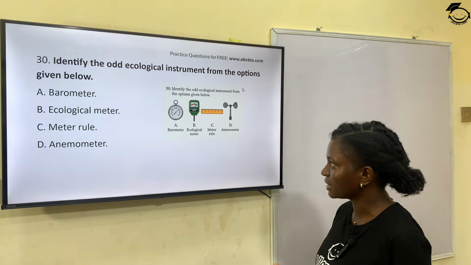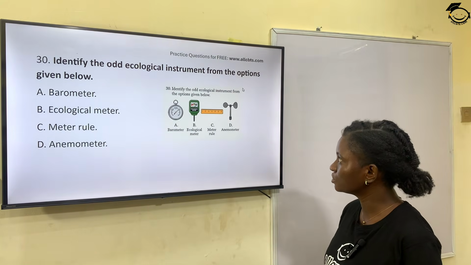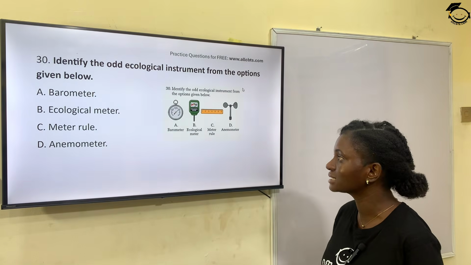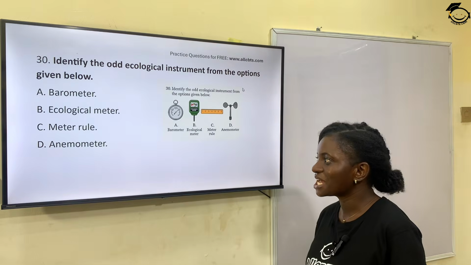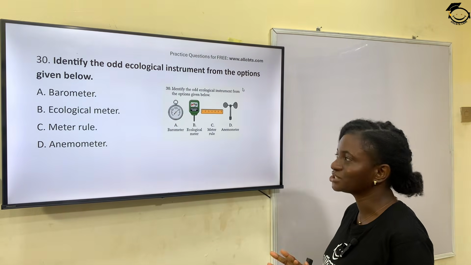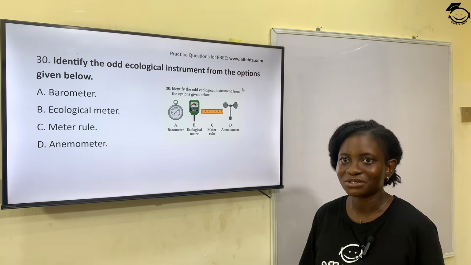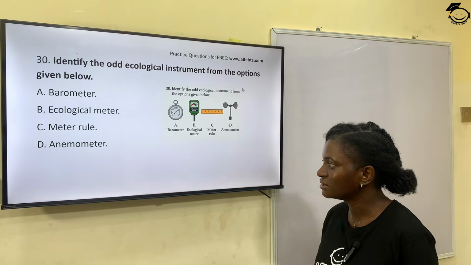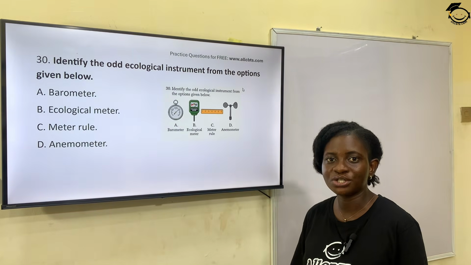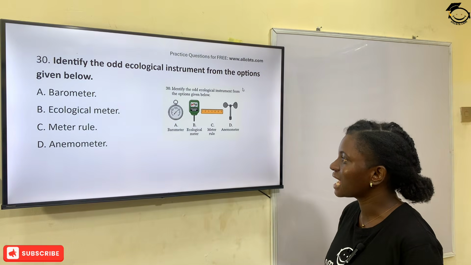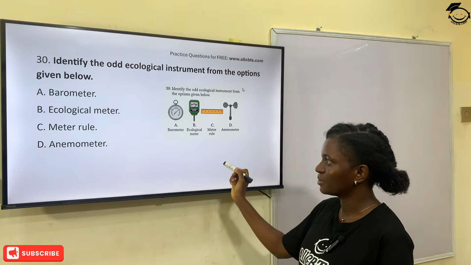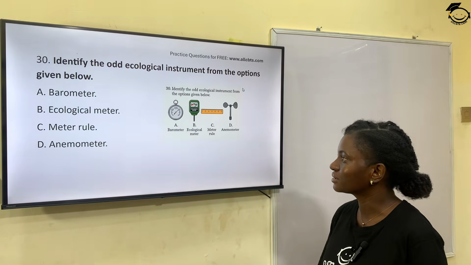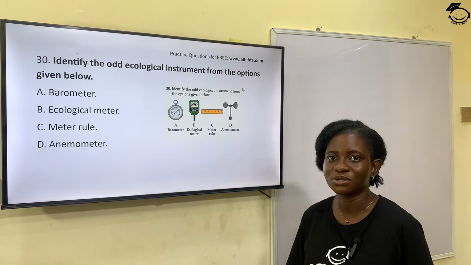B, ecological meter, such as pH meter, is also an ecological instrument. C, meter rule. Meter rule does not have to do with measuring environmental factors, so it is odd among this option. Then anemometer is used for measuring wind speed. So the correct answer here is meter rule. It doesn't have to do with measuring environmental factors. So the correct answer, meter rule, option C.